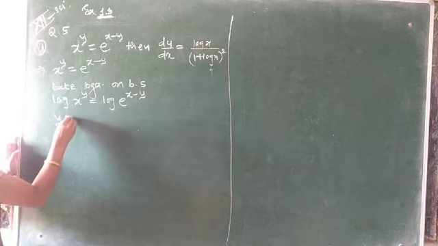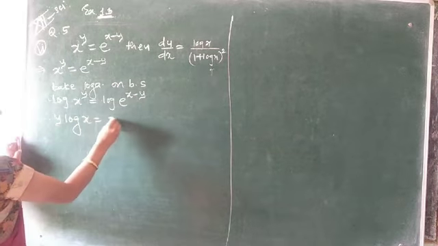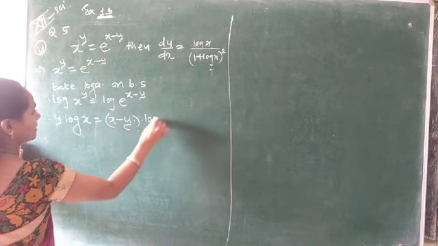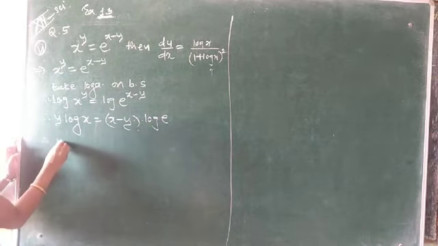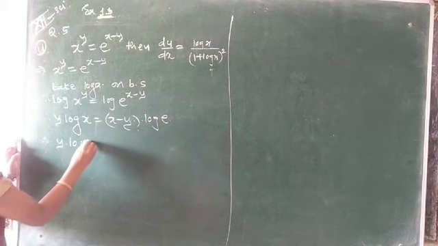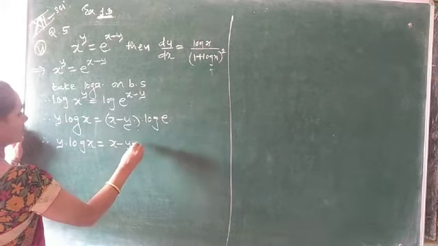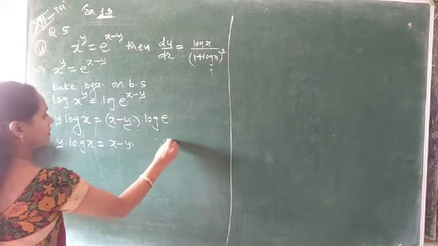Then y log x is equal to x minus y into log e. y log x is equal to x minus y, and the value of log e is 1.